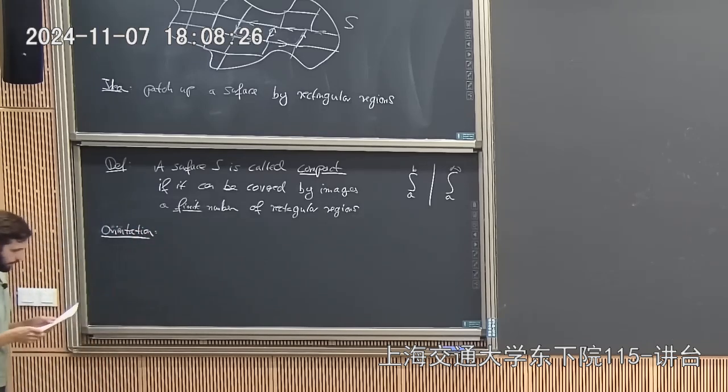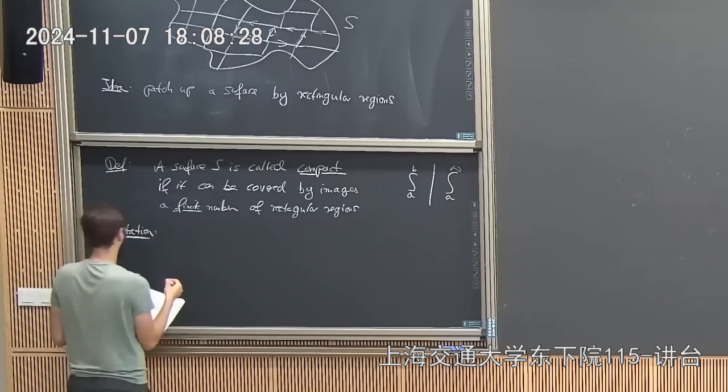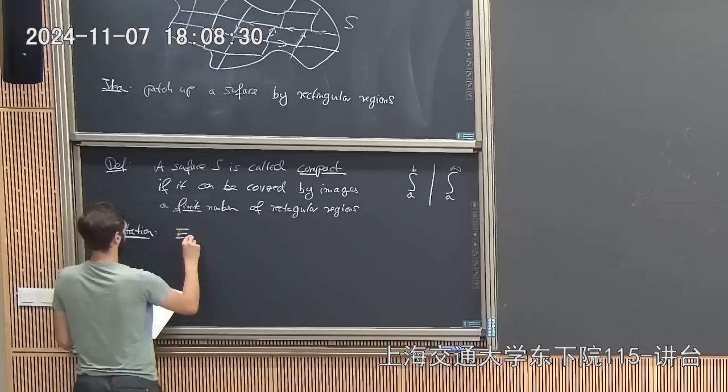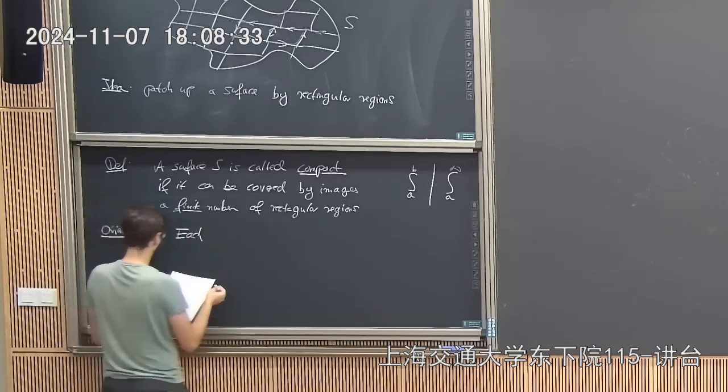The first thing is that on each of these rectangles we have two options to define an orientation.